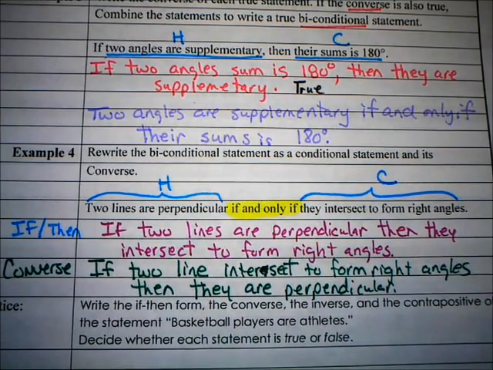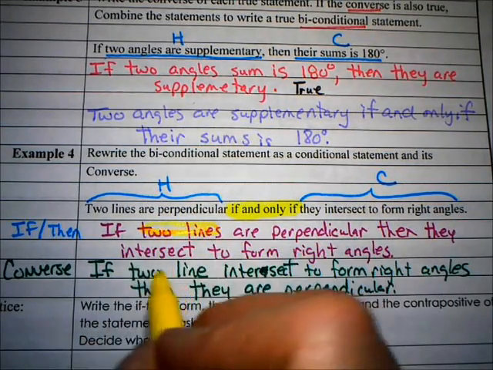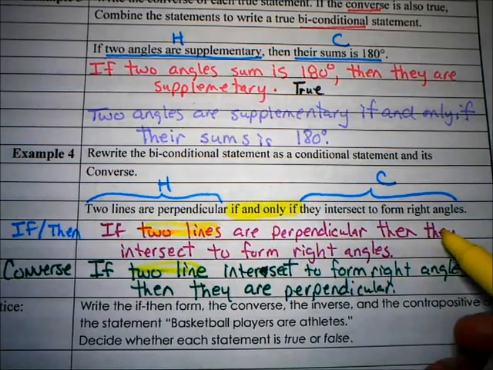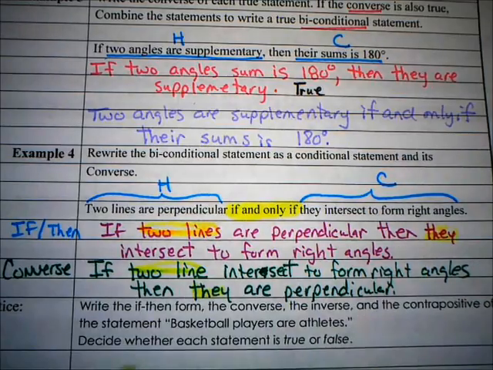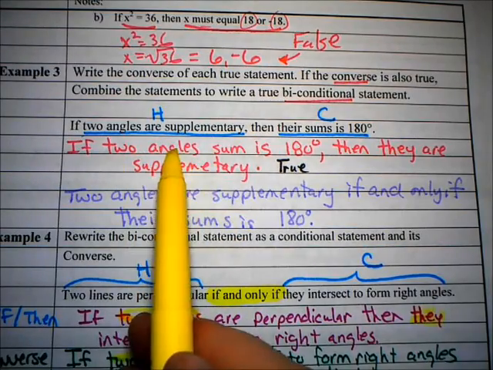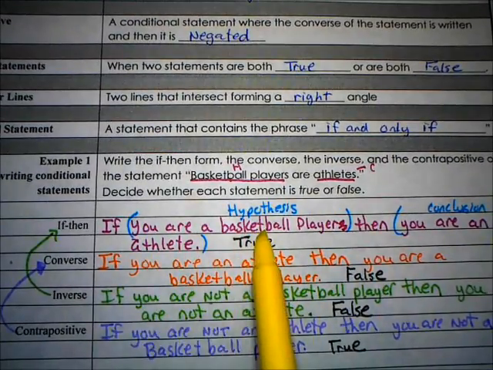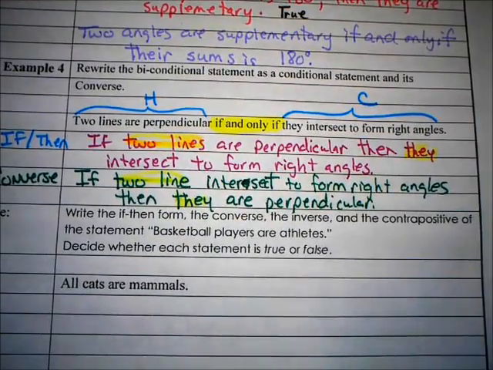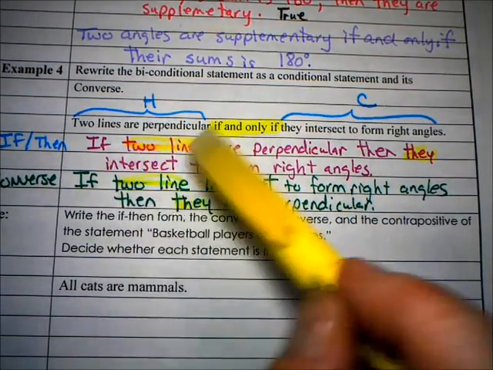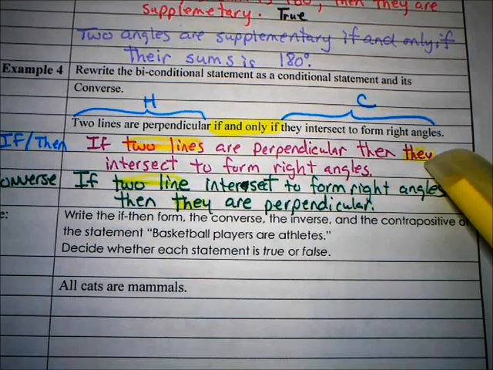Okay, and do notice one thing, is that on all my statements I do have the actual subject listed in the front, and then the pronoun is second. So make sure you notice this, so that even up here, two angles, and then they, there's the pronoun. And on the previous page, you are a basketball player, then you are, well, that one's not very vague. That's both pronouns. But make sure when you have a subject matter, it goes in the hypothesis section. The front, it's with the if statement, and then the pronoun goes in the conclusion segment.